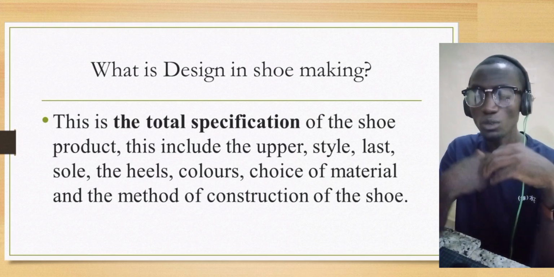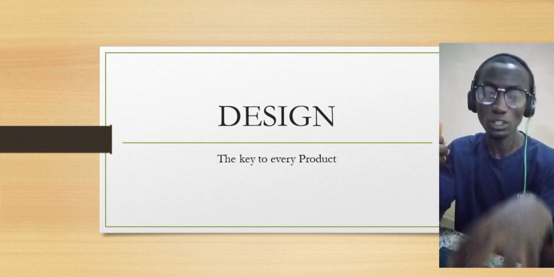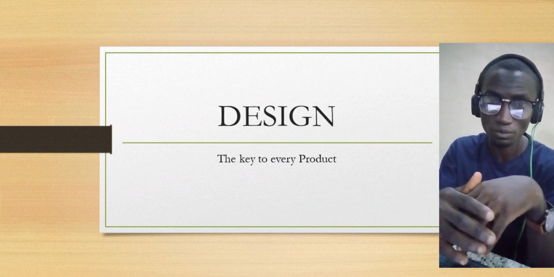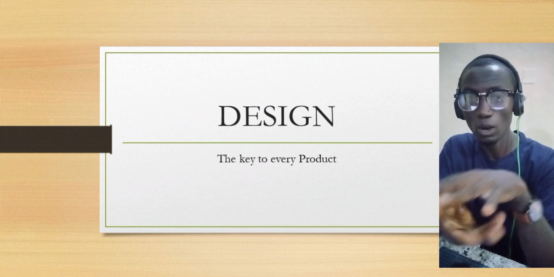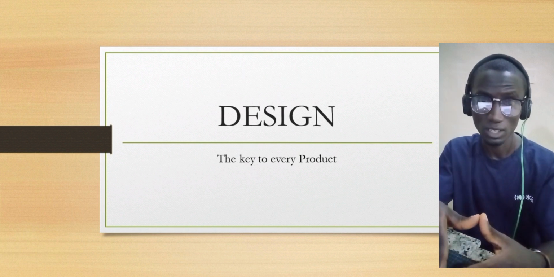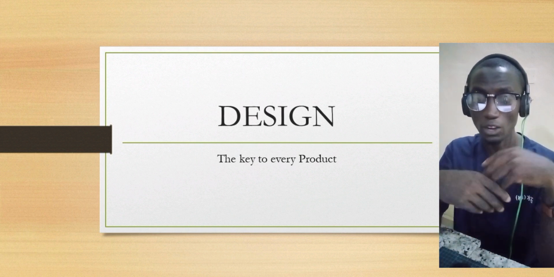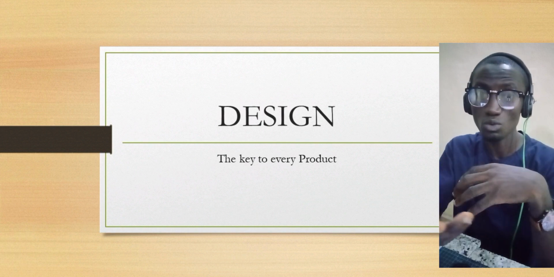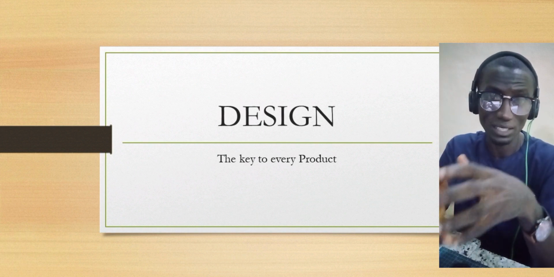Before you start that production, method of construction is something I want to talk about. Method of construction differs according to the kind of shoe you are making. So that's the technology that you'll be using. What kind of technology will you use to produce the article?